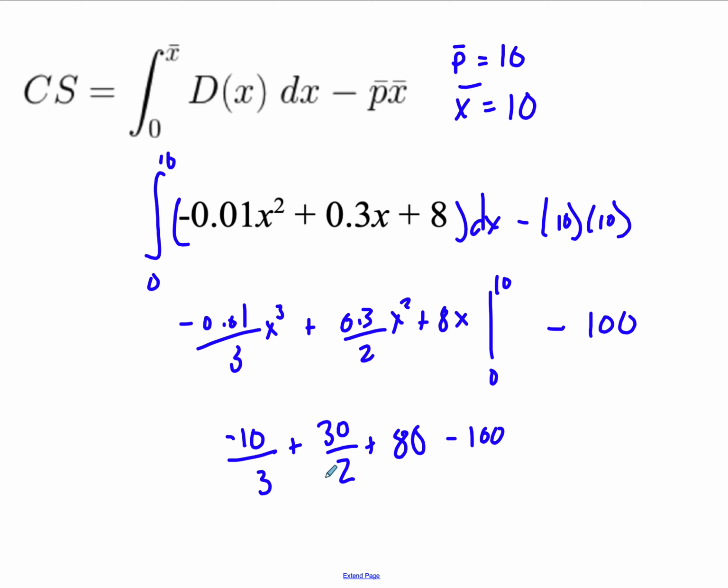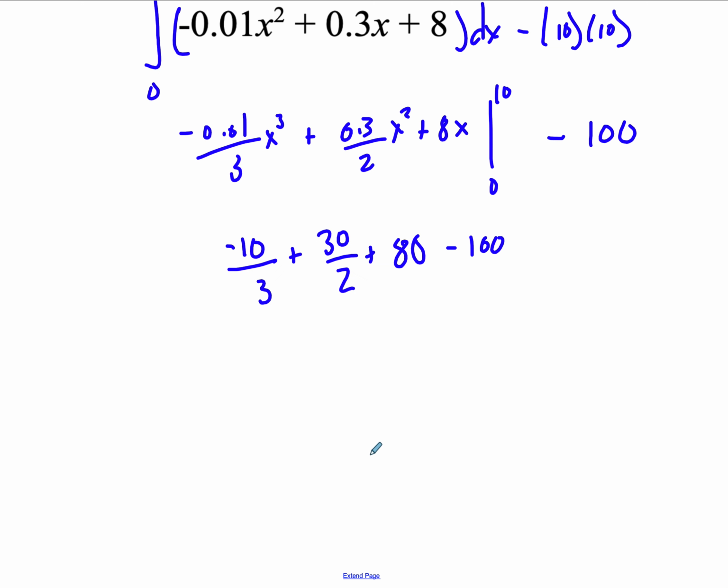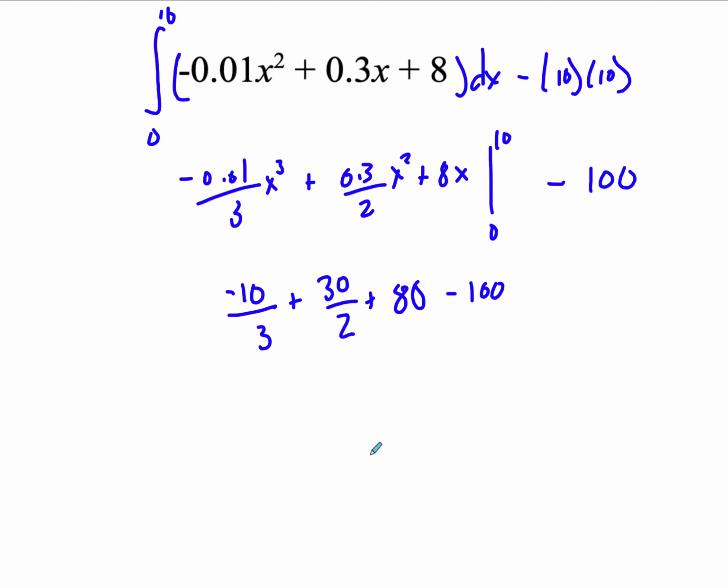Okay, so let's see, this might end up even being a negative number. It's interesting, and that's possible. You might not always have a surplus, and the reason is based on certain things about demand.